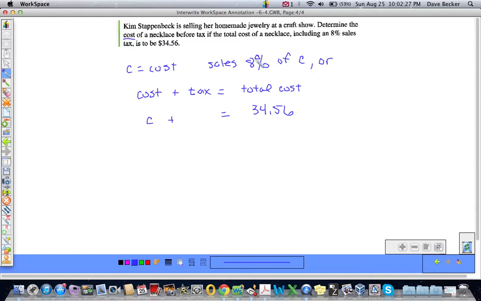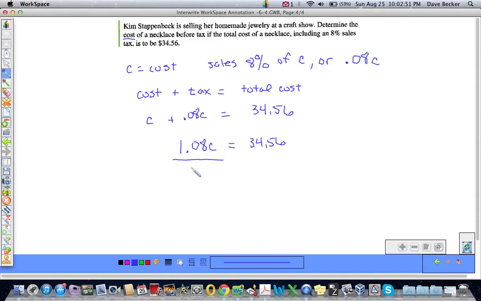We can't operate with percent, so I'm going to change that to a decimal, 0.08 times C. So C plus 0.08C has got to equal 34.56. 1C plus 0.08C is 1.08C equals 34.56.